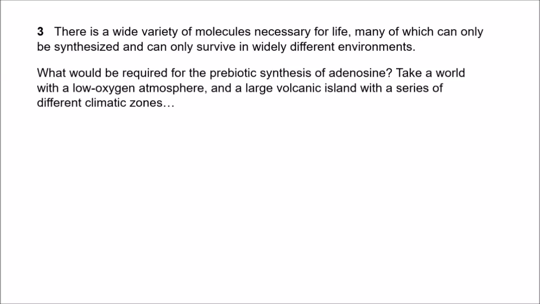Conway Morris tries to imagine the ideal conditions for the prebiotic production of adenosine. What would have to be involved in producing adenosine in a world without any life? He says, imagine a world with a low oxygen atmosphere, and a large volcanic island with a series of different climatic zones.